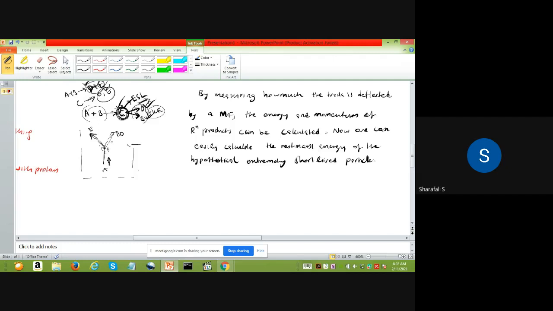But we cannot detect that particle because it is extremely short-lived, and in photographs also we cannot detect such particles. But from the energy of E and D, if all the photographs show the same energy for E and D and their tracks are the same, then we can say that this extremely short-lived particle is formed in this particular interaction.